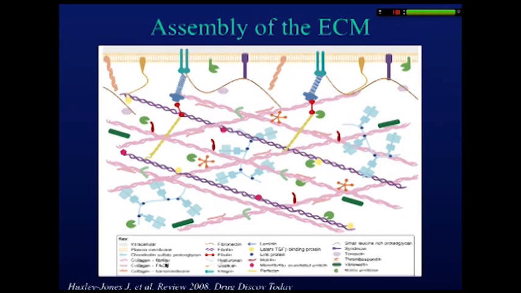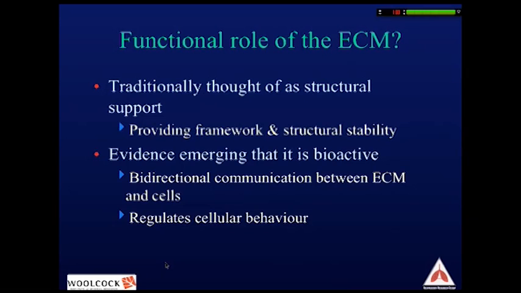The extracellular matrix is a very complex beast. We think there are probably about 300 proteins that make up the extracellular matrix in different tissues. I'd like to focus today on the collagen fibres, fibronectin, and another smaller protein, Perlecan, and also Fibulin I and a number of other small matrix-associated proteins.